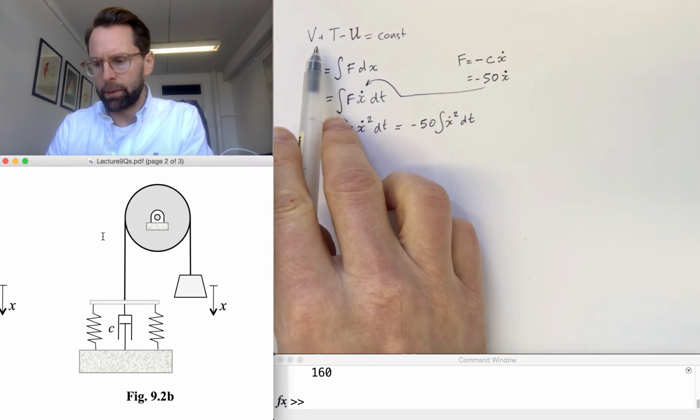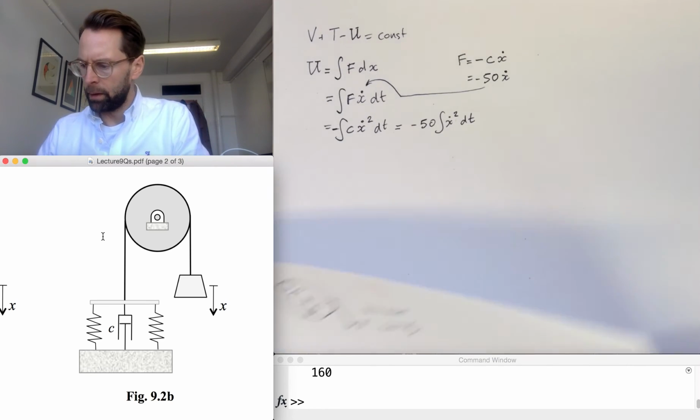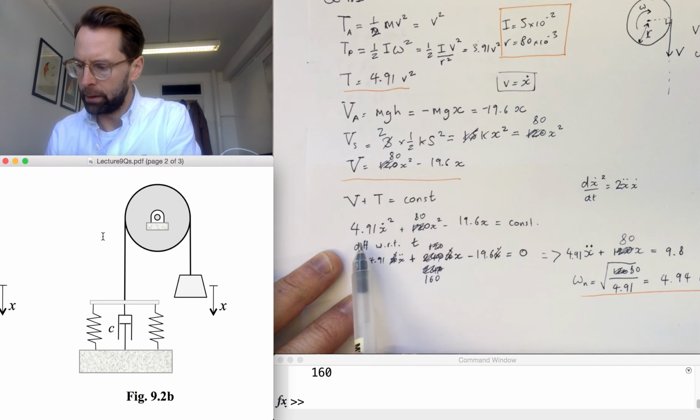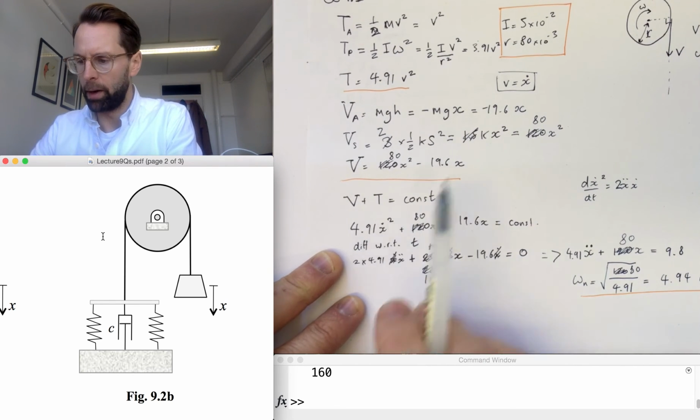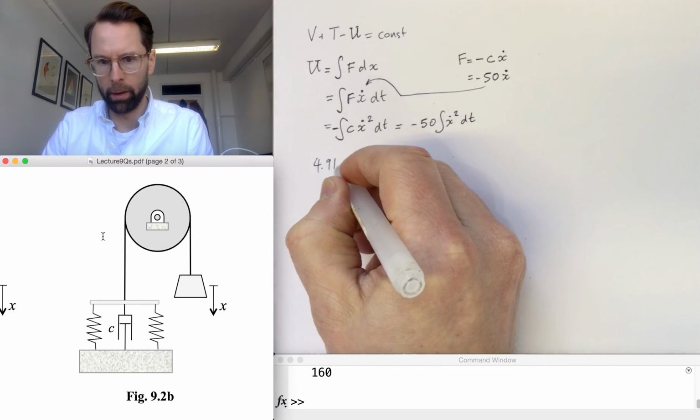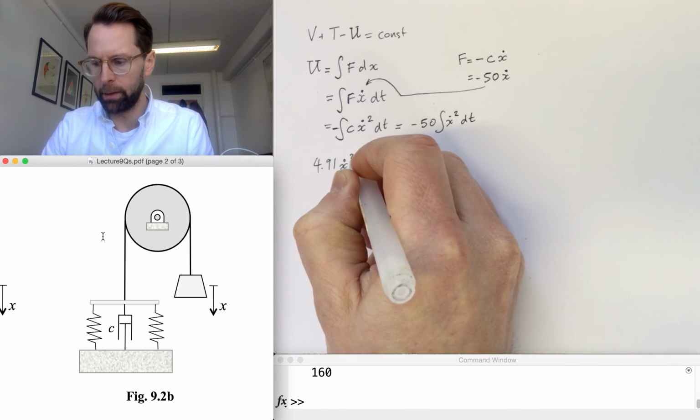So everything else was the same. If we look at what that was like, V plus T just gave us this 4.91 x dot squared. So let me write that again, 4.91 x dot squared.